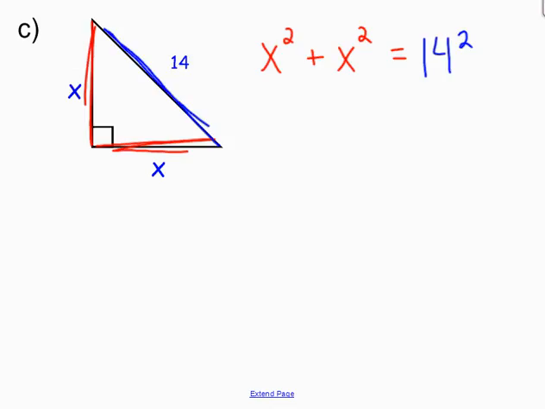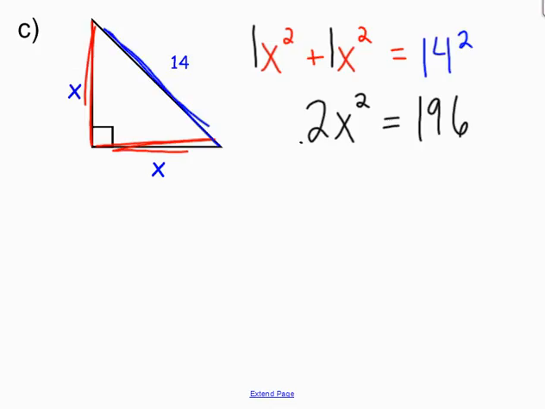If I have x squared plus x squared, remember there's invisible ones in front of these. So if I have a 1x squared and another 1x squared, I now have 2 of them, 2x squareds. 14 squared is 196. Next, I need to get that x squared alone.